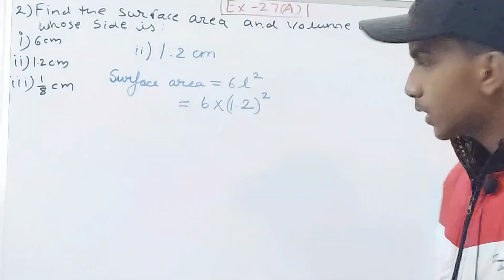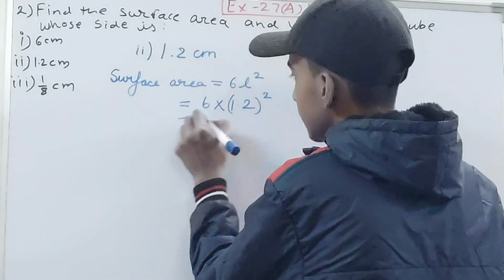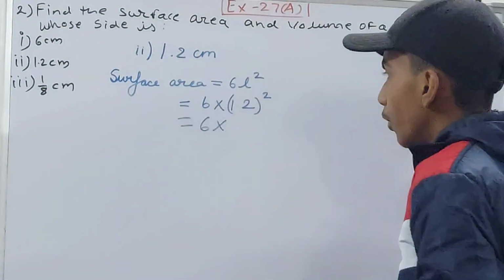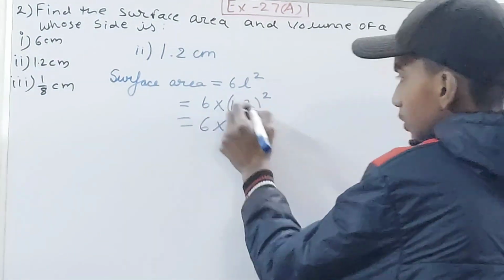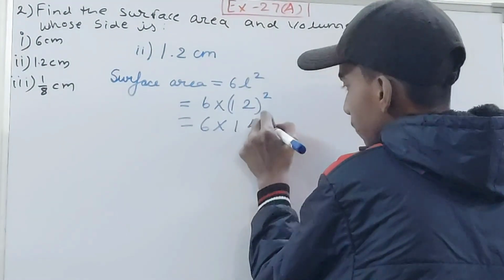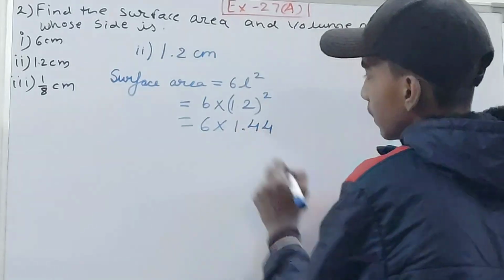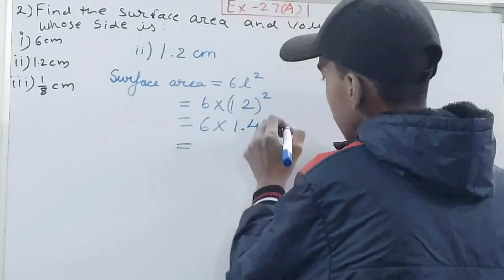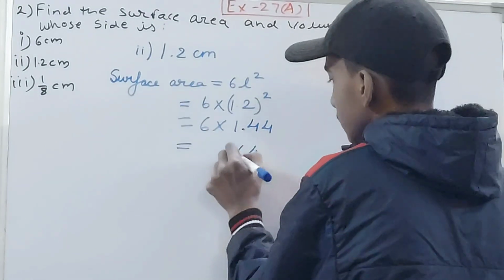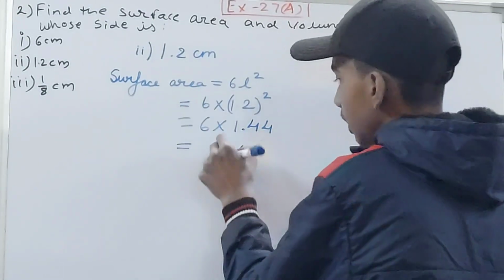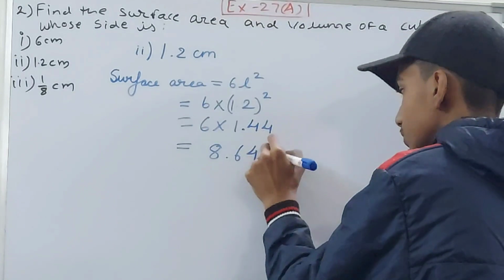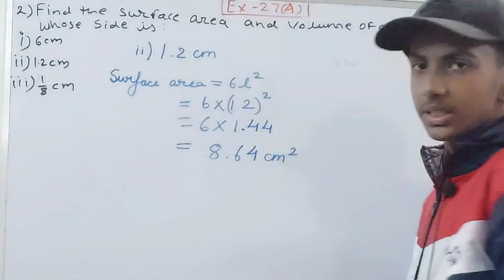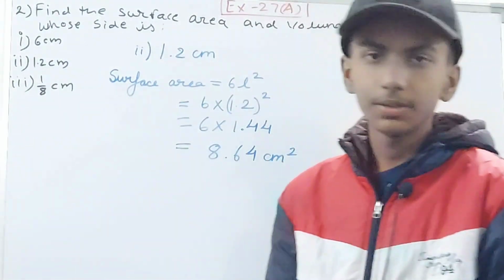Square of 12, I know, is 144, and put the decimal point after 2 places because we are multiplying 2 times. 6 4s are 24, 2 carried over, 6 2s are 12, 14, 2 carried over, 8.64. Put the unit square centimeters. That's your surface area.